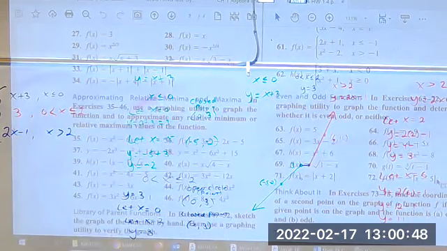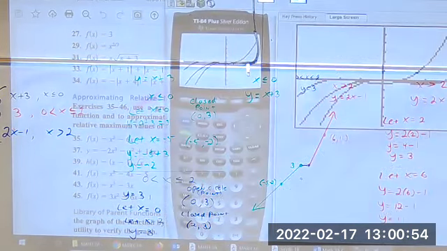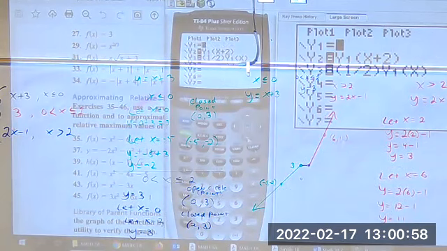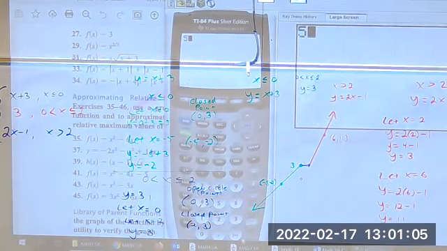Okay, use a graphing utility to graph the function and determine whether it's even, odd, or neither. Neither. So y equals 5.